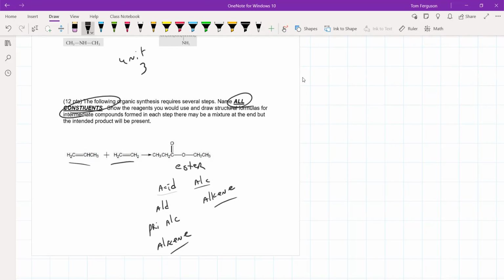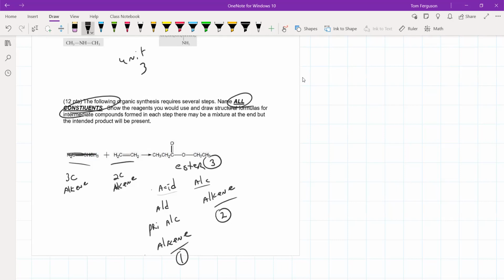Okay, so let's take the first. Okay, so strand number 1, we need to get from the alkene to the acid. Okay, so we're starting with a 3 carbon alkene. I'm going to change this to make it a little different.